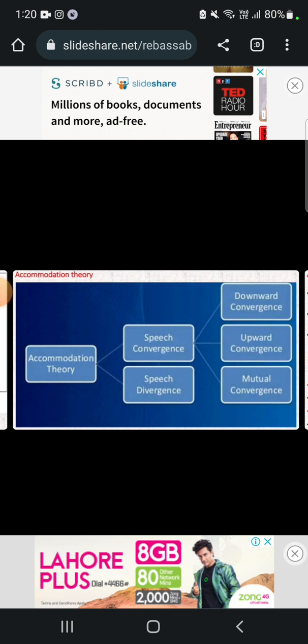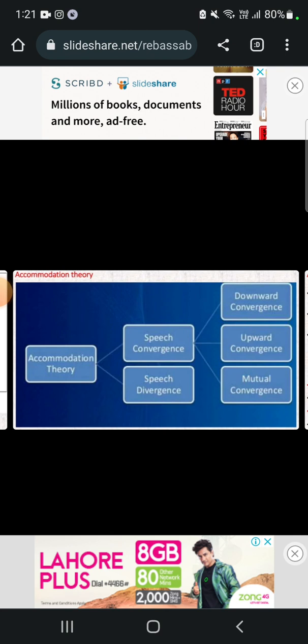And when the addressee is above our social level and we talk in his manner, we are converging upwardly. And sometimes both speakers can mutually converge to be more familiar with each other for better communication.